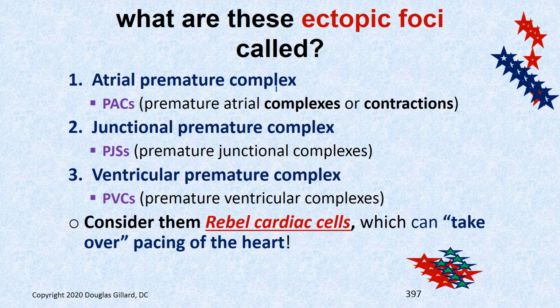Those are really visible on EKG. The best thing to call these always is the ectopic foci. But ectopic foci cause premature complexes or premature contractions. If they're in the junctional region, those are junctional premature complexes. Or you could say a junctional ectopic foci as well.